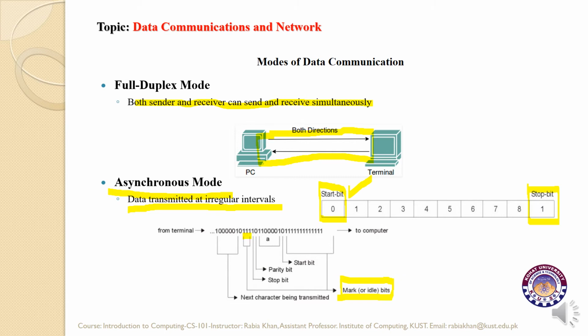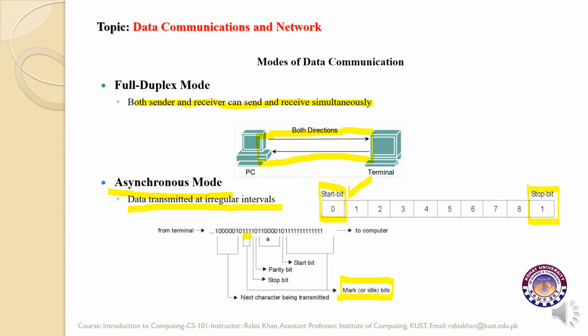It is for this reason that the start bit which precedes the data character is always a space, which is a binary 0, and the stop bit which signals the end of the character is always marked by the binary 1, or a mark bit.